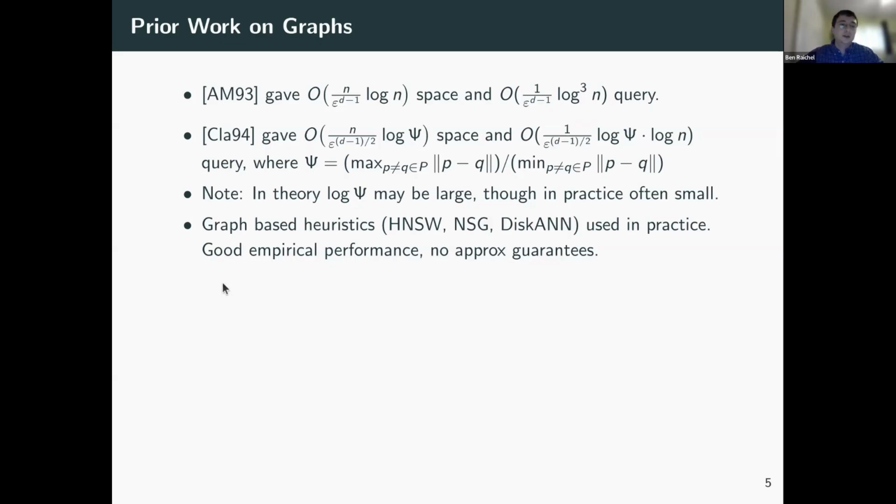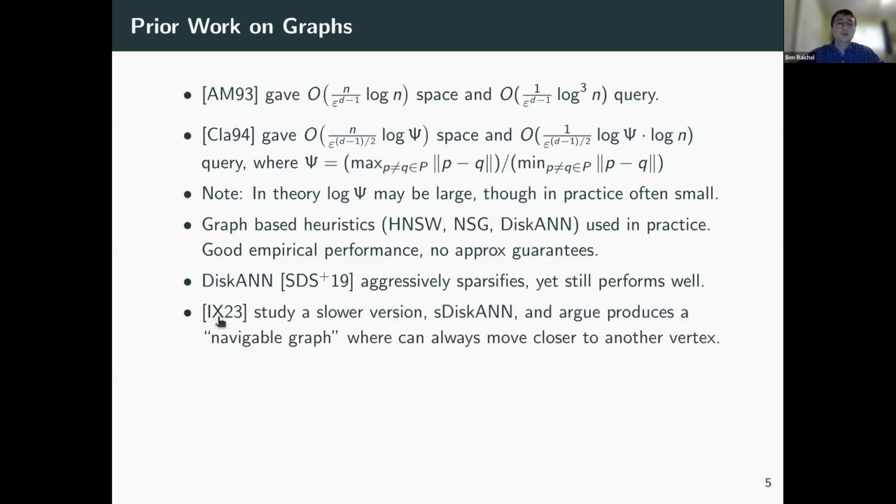So as good theoreticians do, people try to bring theoretical guarantees to this. So first, let me say that DiskANN, which is the one we're going to talk about right now, aggressively sparsifies the graph. It guarantees that the degrees are small, yet somehow it still performs well.